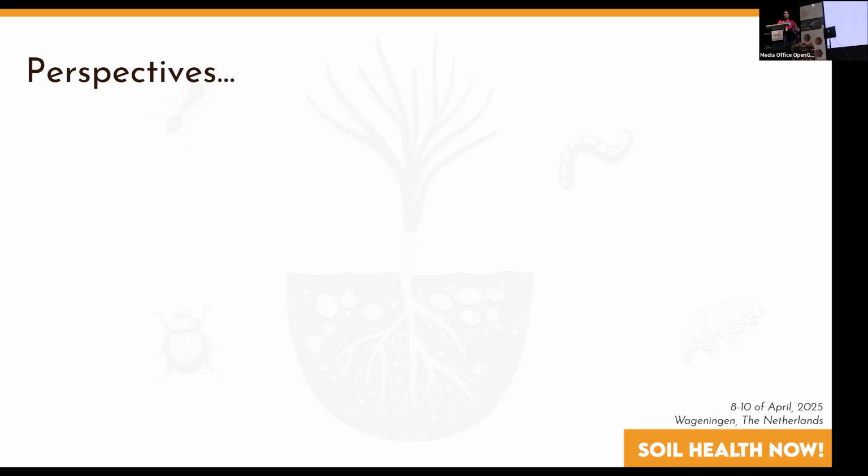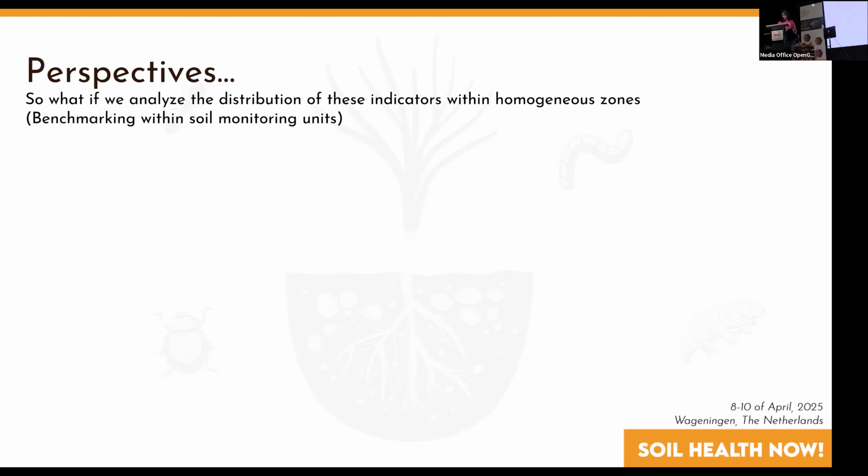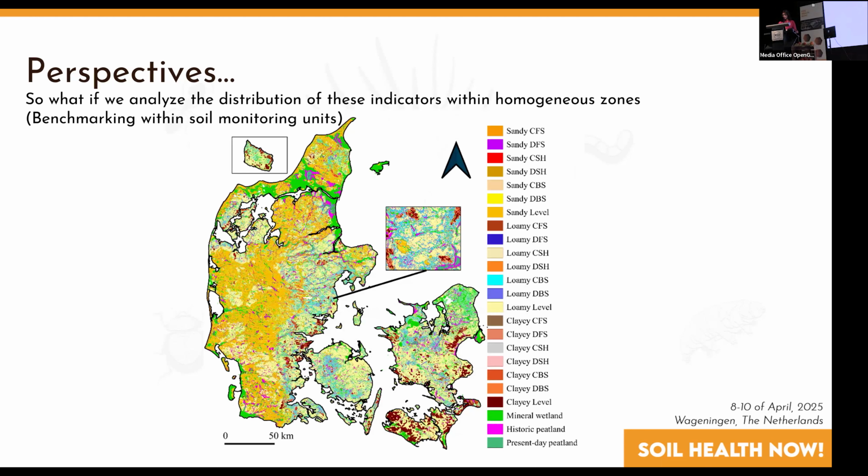But then now what? What's next? Our perspective is that we can use this information to couple with some exercises that we have done before. Basically, what if we analyze the distribution of these indicators within homogeneous zones?